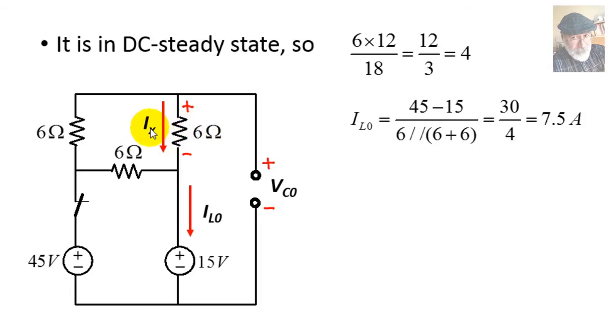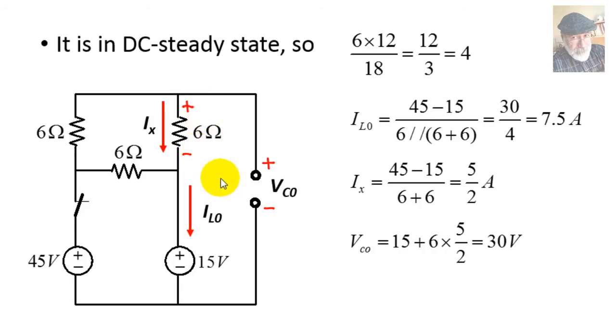But you say, wait a second, if I choose this node as my reference, this one here is at 45 volts above the reference, and this is at 15 volts above the reference, so that current on the top branch would be 45 minus 15 divided by 12 ohms, and that is 2.5 amps. 2.5 amps times 6 ohms would be 15 volts up here in the resistor. So that means that VC(0) is 15 plus 15, 30 volts. We have the two initial conditions for this circuit.